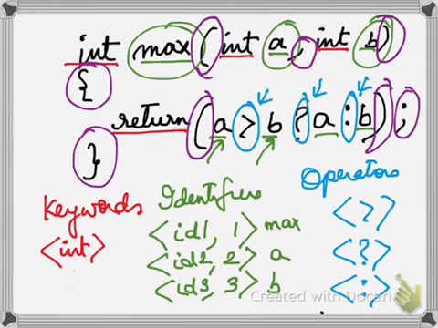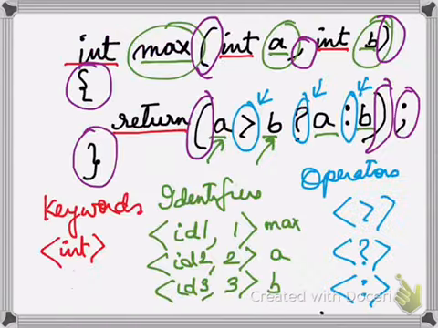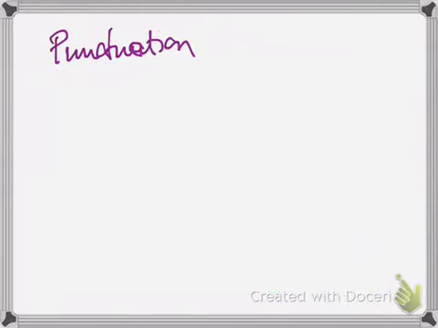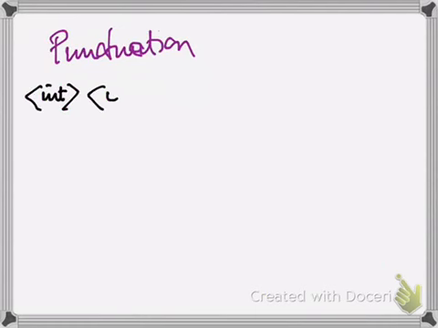So how will this entire series of tokens look? It's going to look something like this. Let me write in black. First I have int, which is a keyword, so I will have a token int, followed by max, which is an identifier, so ID 1 and 1.